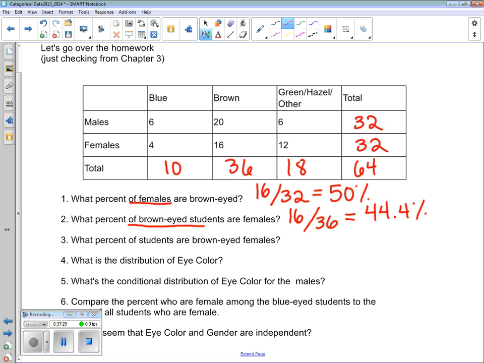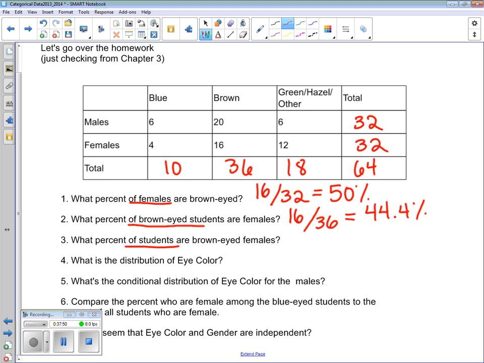Okay, now go back and look at those questions. What percent of females are brown-eyed? What percent of brown-eyed students are females? They're two different questions. Notice we got two different answers. So it's important to know how to set up your problem. All right, number 3, what percent of students are brown-eyed females?